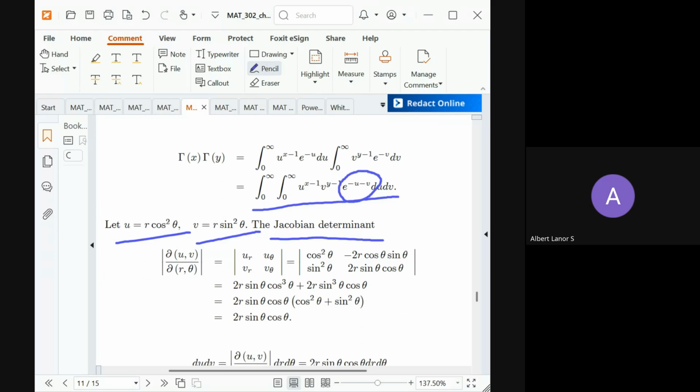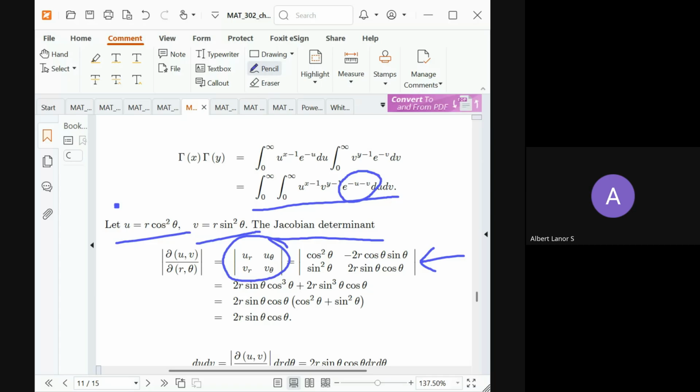Now the Jacobian means that we are going to differentiate the u with respect to r and with respect to theta. Then you differentiate the v with respect to r and with respect to theta. So if you do, you're going to obtain this matrix. Then you find the determinant of it.